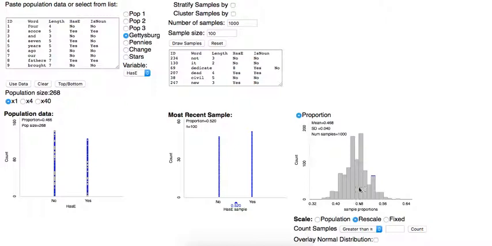Notice here that the center of the sampling distribution of proportion is 0.468, and again this is empirical, not theoretical, but it's very close to the population proportion, which is 0.466. So the sampling distribution is always centered about the center of the population, in this case the proportion of the population.